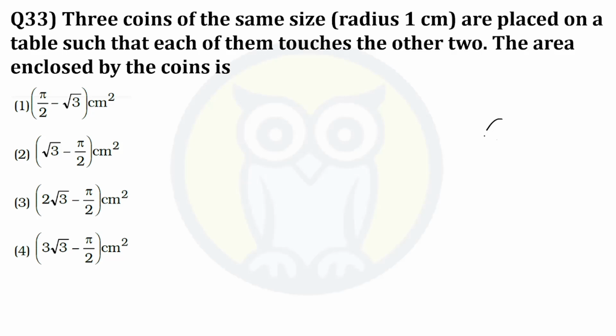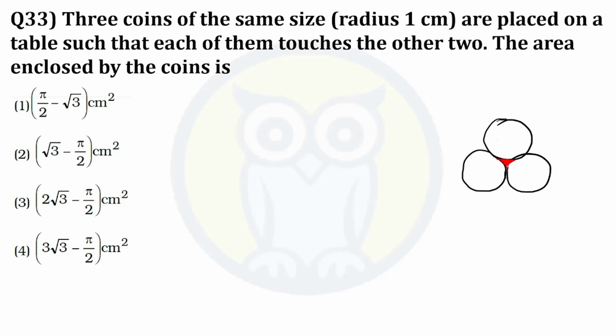This is the first circle, this is the second circle, and this is the third circle. The question asks for the area enclosed by the coins. What is this area? This area is what we have to find out.